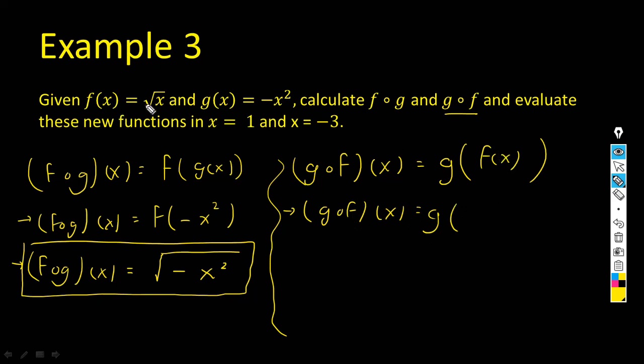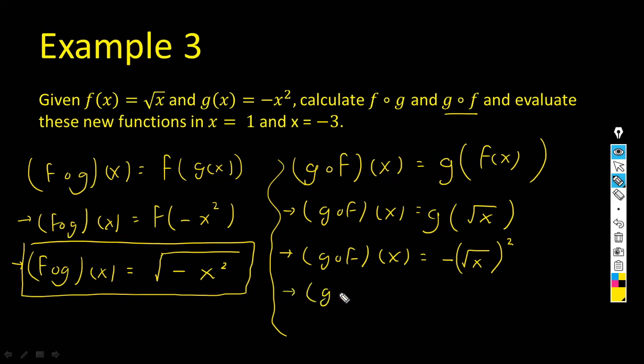F of x is the square root of x. So I put it there. Let's continue. G of f of x is equal to g evaluated in the square root of x. So when I evaluate g in x, it gives me the negative of x squared. Then when I evaluate g in this value, it's going to give me the negative of such value squared, like so.